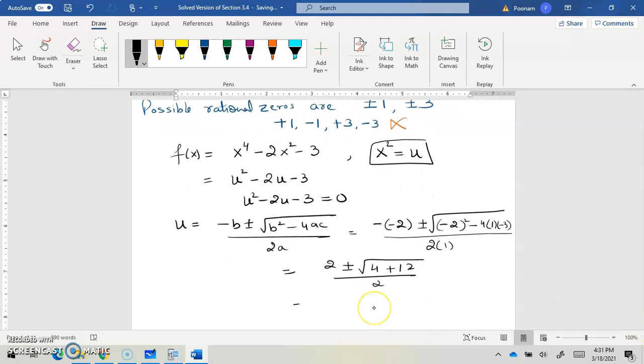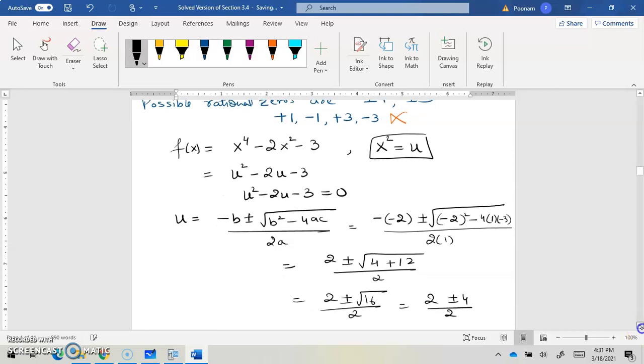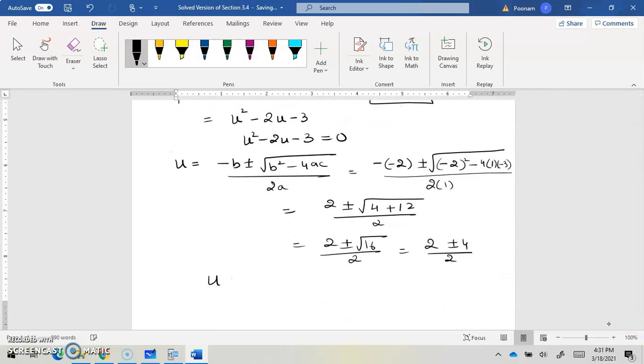So we have 2 plus minus 16 by 2, which is 2 plus minus 4 by 2. That means u is 2 plus 4 by 2 or 2 minus 4 by 2. This is going to give you 6 by 2, which is 3, and 2 minus 4 is -2 by 2, which is -1.